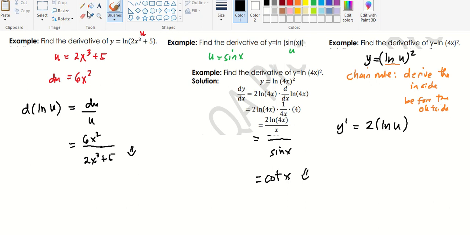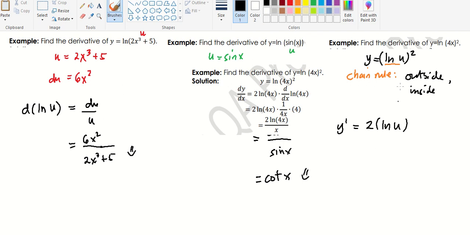Okay? So, pero in other cases naman, ginagamit naman nila, kahit saan naman pwedeng piliin, pero mas madali palang i-derive muna yung outside bago yung inside. Okay? So, derive first the outside, then yung ating inside.